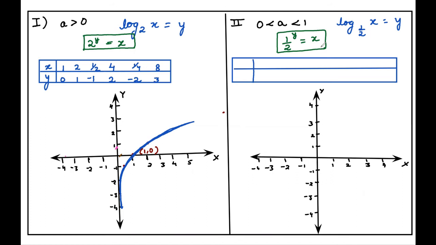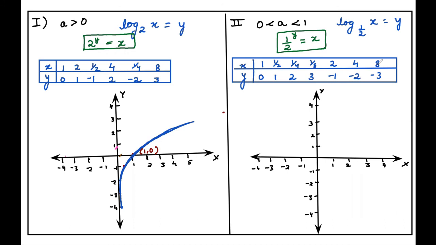Right? तो अगर आप इसके लिए वैल्यूज देखेंगे, तो आप y को इनपुट कर लीजिए. Let's say y is 0, x is going to be 1. If you put y is equals to 1, it's going to be half. 2, 1 by 4, 3, 1 by 8, minus 1, 2, minus 2, 4, minus 3, 8. These will be the values, right?